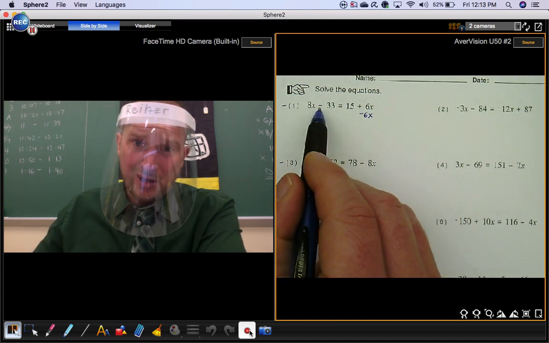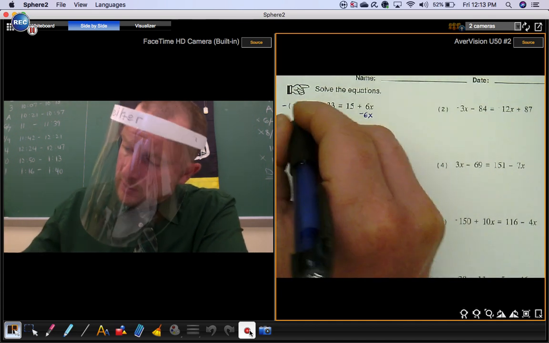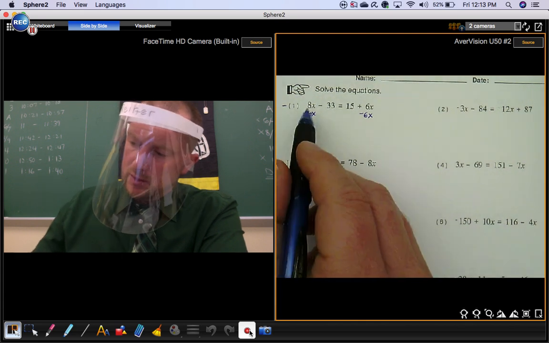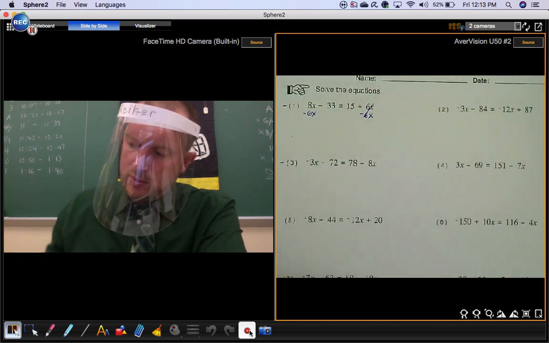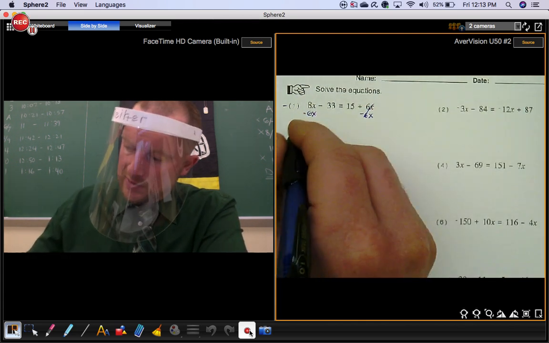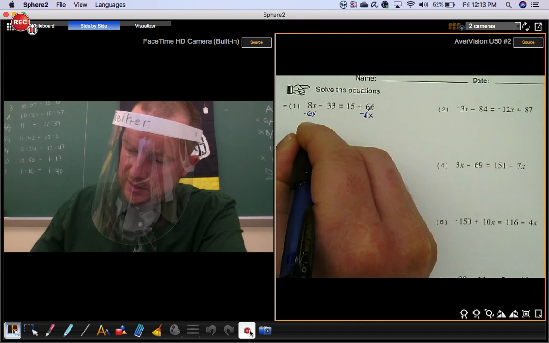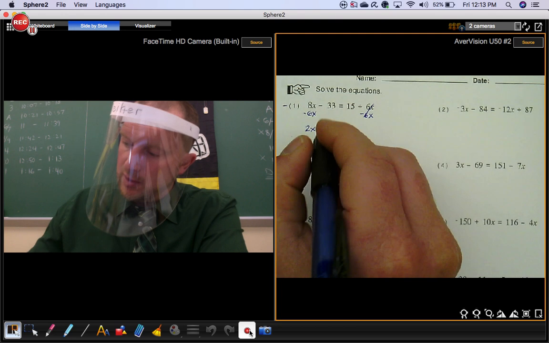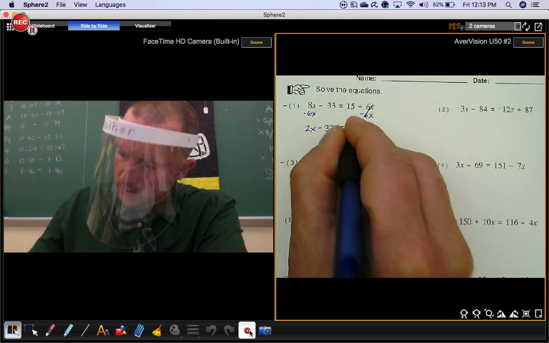And notice how there's no like terms here either. So these cancel. On the left side now we have 8x minus 6x, which is 2x. We're going to subtract 33 and end up with 15.